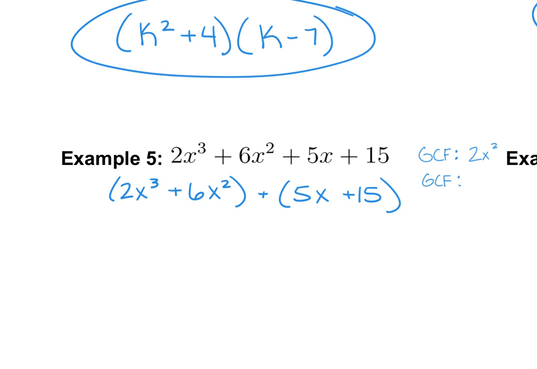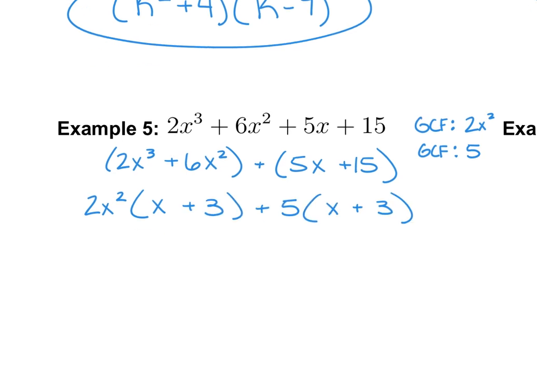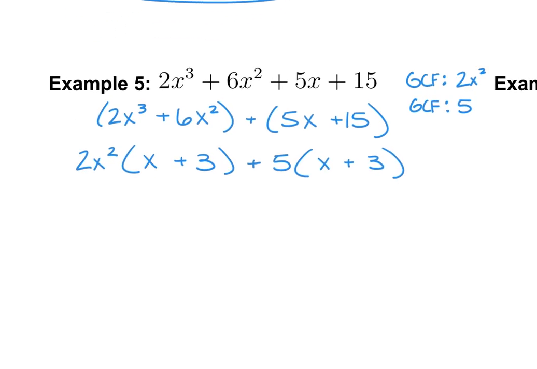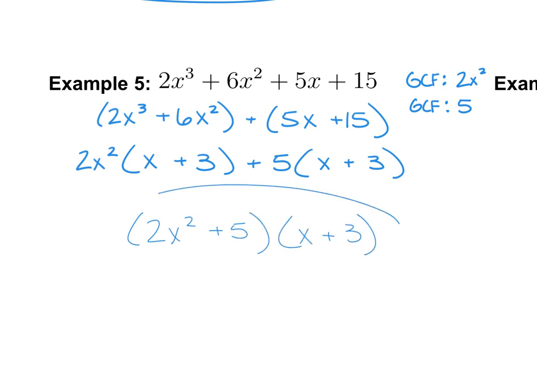My second parenthesis, I can factor out a 5. So I'm left with an x plus 3 inside. Do my second parenthesis. And I'm left with an x plus 3 again. Okay, set up my final factored form. And that is my solution.